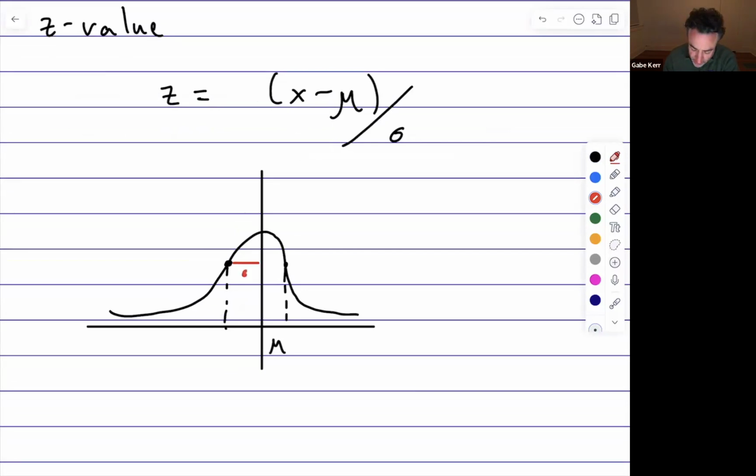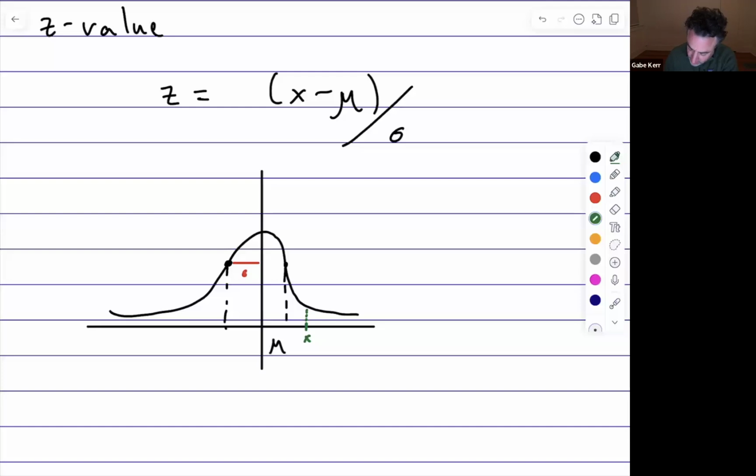So what does the z-value tell you? It tells you how many standard deviations you are from the mean. So if I give myself some data point here, this is the data point x. Sorry, I'll make it green.